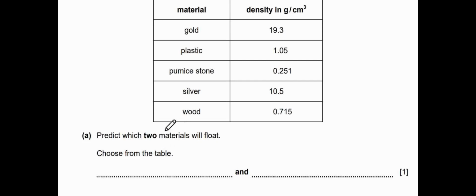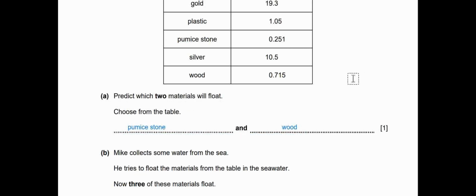Choose from the table. Well, it should be less than the density of water. Sorry, not this one, this is greater. Less than 1 will be this one and this one. Because water has a density of 1, the material that has less than 1 will float. So it will be pumice stone and wood.